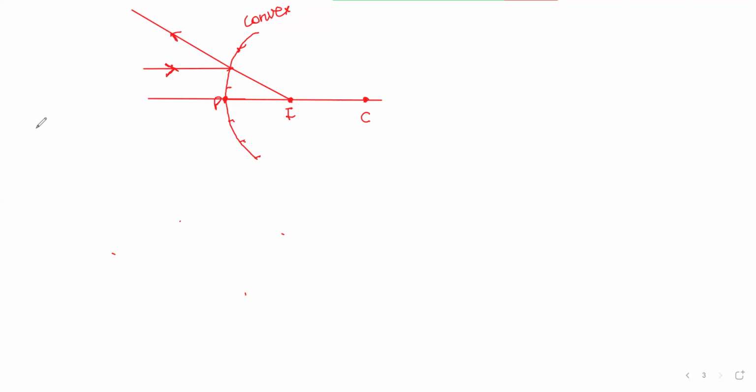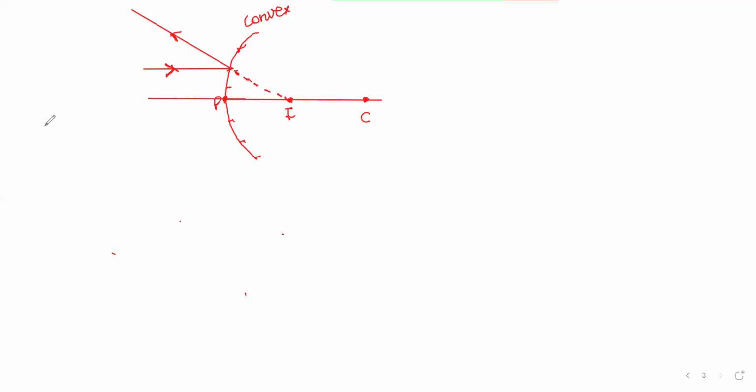Now, because this point is virtual, it's not actually there. We usually represent the ray which appears to be diverted from F using broken line. Please, when you are doing this, use straight edge. I don't have it, that's why.